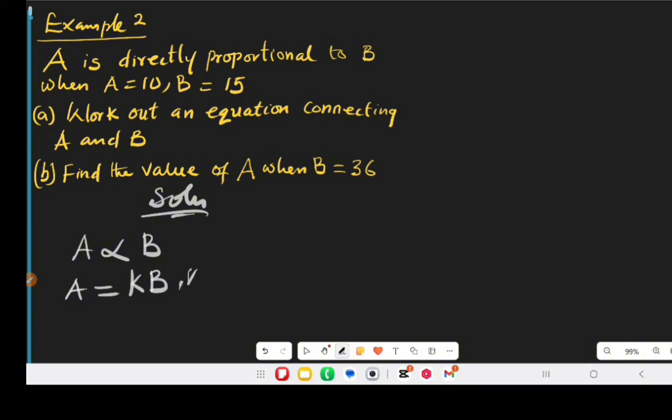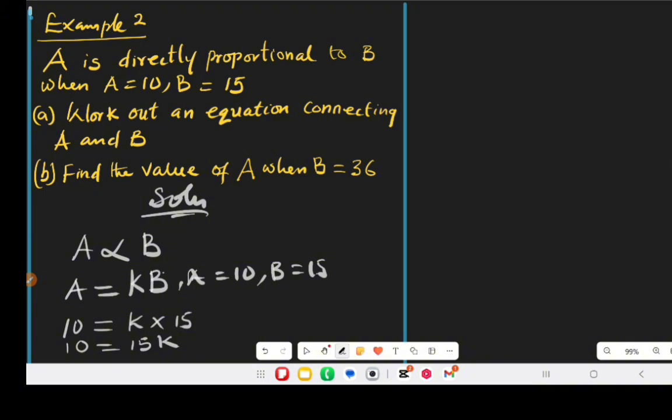Now A is given to be 10 and B is given to be 15. If we substitute into this expression, we have 10 equal to K times 15, which gives us 10 equals 15K. Now we move further, we divide both sides by the coefficient of K, which is 15.